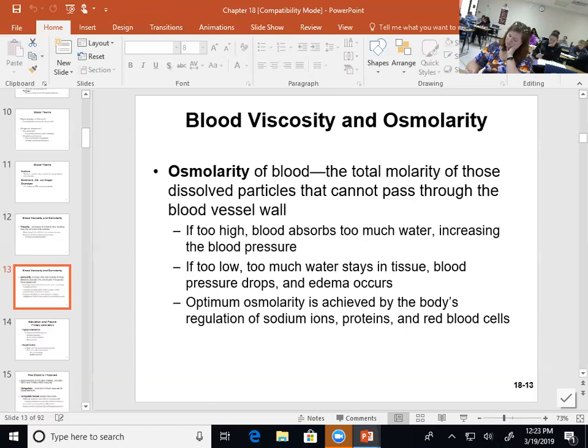Heart. Natriuretic means natrium is sodium, so it's going to have something to do with sodium, isn't it? Where does it target? Kidneys. And what's its function? It's to expel sodium, so water's going to follow it, and blood volume's going to go down, and blood pressure's going to go down. Are we good?